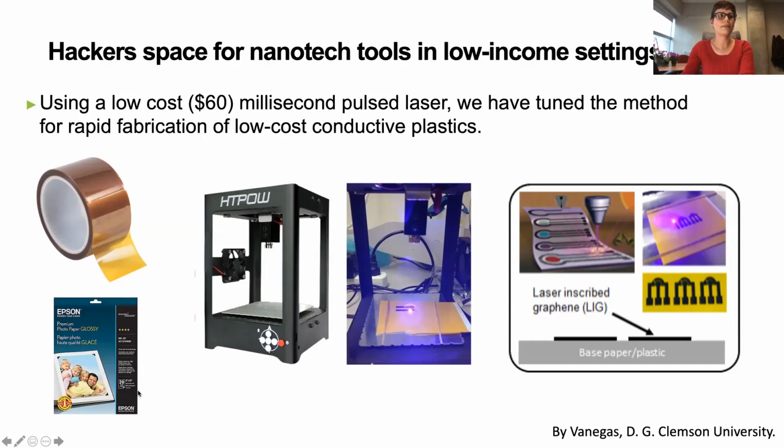She used a backing of paper to give some support. And then she lays the surface of the polyimide, the Kapton tape, to create what we call laser-induced graphene or laser-inscribed graphene. So basically she converts this polymer into something that is electrically conductive.